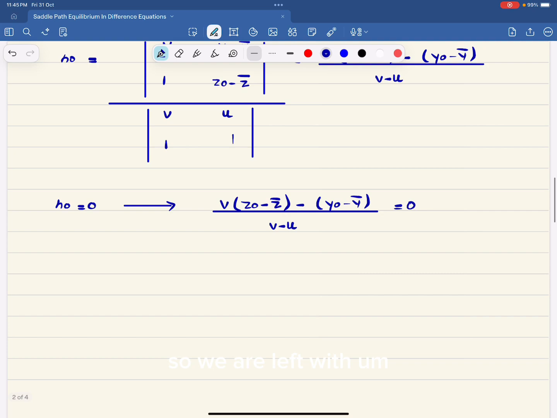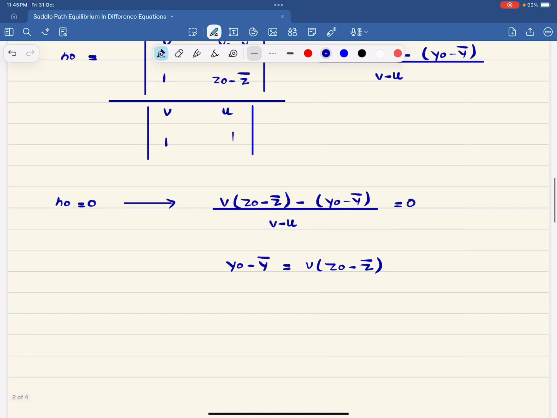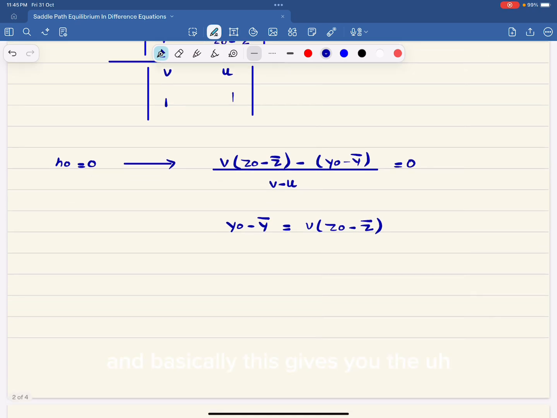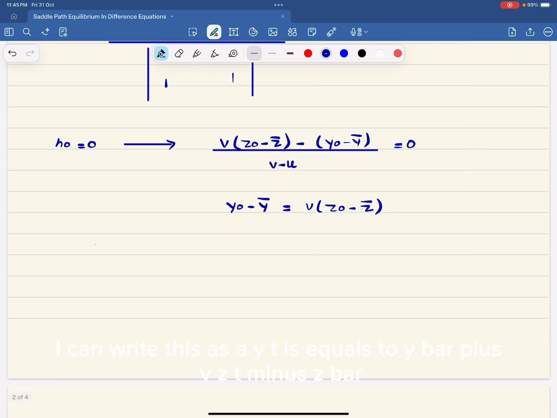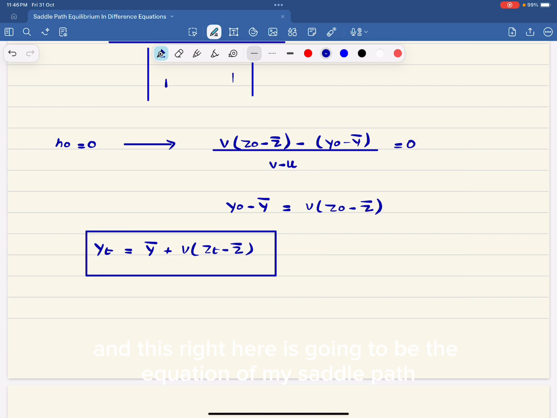So we're left with y naught minus y bar equals v times z naught minus z bar, and this is the equation of the saddle path. So I can write this as y t equals y bar plus v times z t minus z bar, and this right here is going to be the equation of my saddle path.